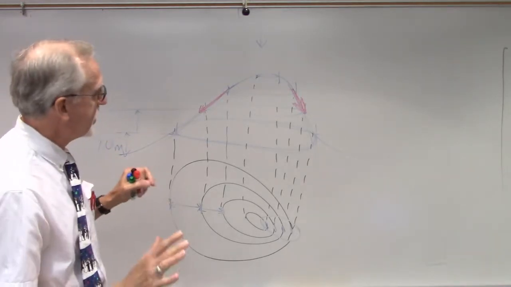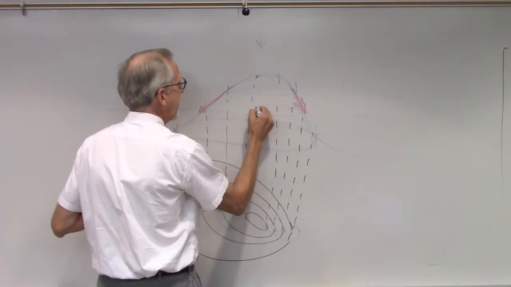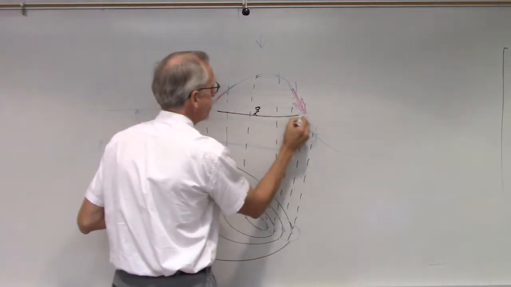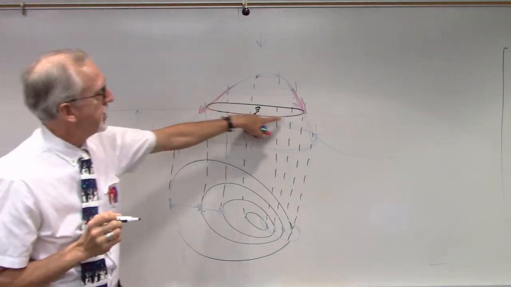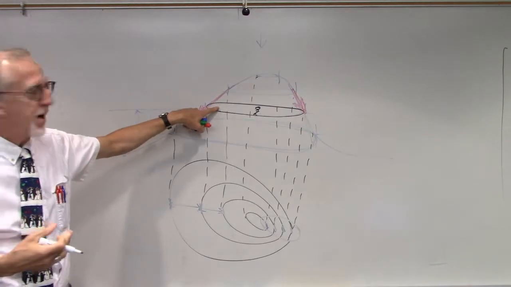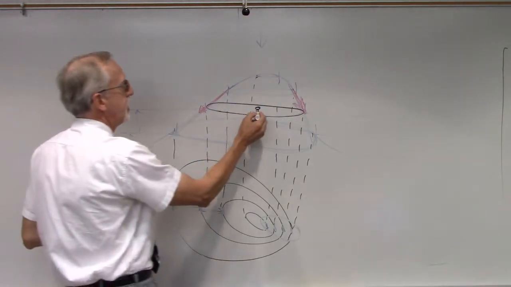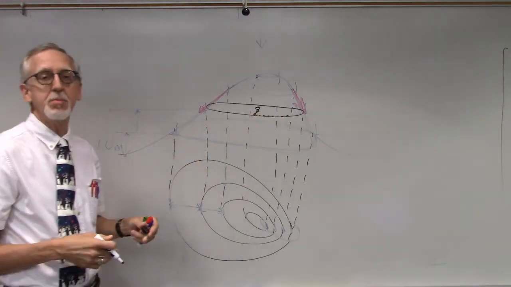Now, one thing I want us to think about is, let's imagine that we are standing here on this shoreline. This line, if we think about it, would be a line of constant potential energy for us. If we were to stay on that shoreline, we would not change our potential energy.